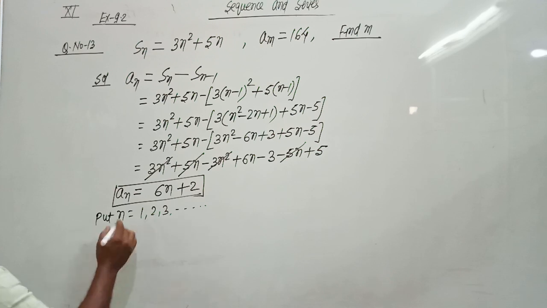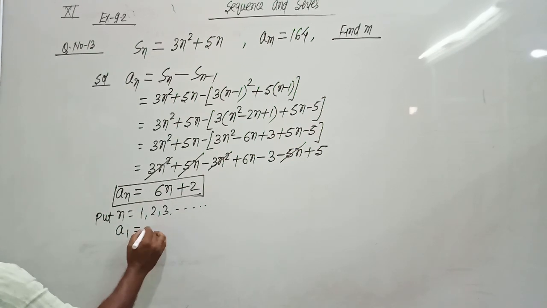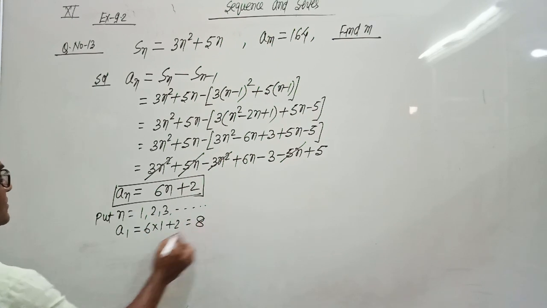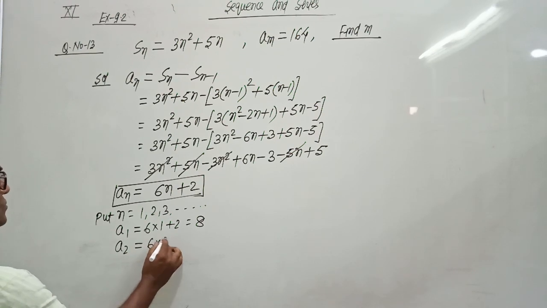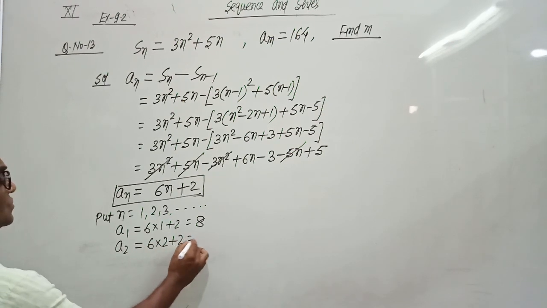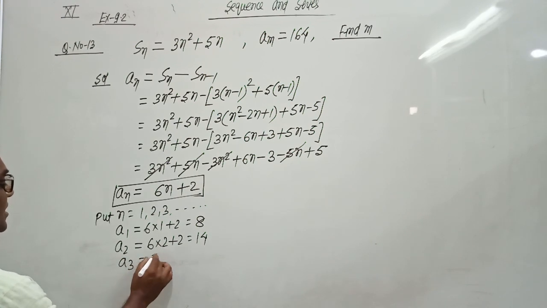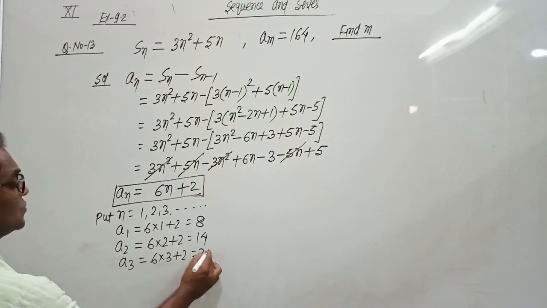So for n equals to 1, a1 equals to 6 into 1 plus 2, that is 8. For n equals to 2, the value of a2, 6 into 2 plus 2, that is 14. For n equals to 3, 6 into 3 plus 2, that is 20.